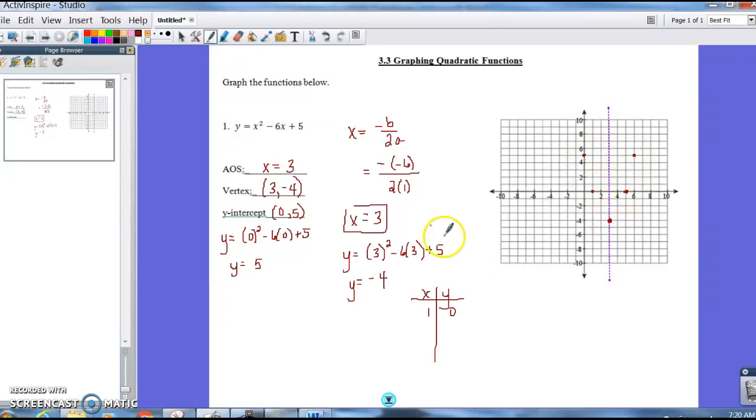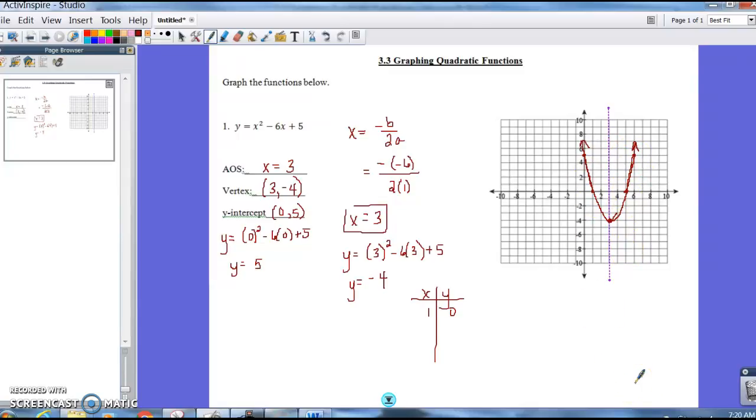So I get a total of 5 points just from doing that work. And now I can easily just sketch in my graph. Remember that you don't just connect the dots in a straight line. Remember the parabola is curved. So you want it to be a nice smooth curve, like so, arrows on the end, and there's a sketch of your parabola.